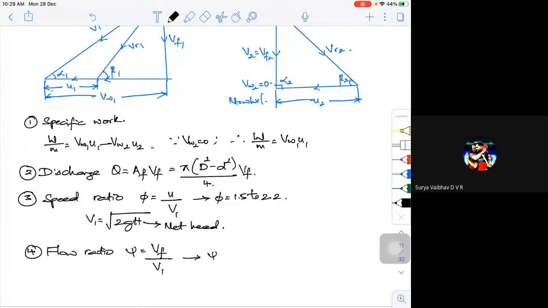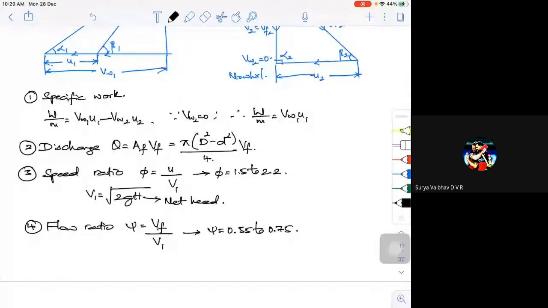Psi is equal to around 0.35 to around 0.75. And also we have the ratio of boss diameter or hub diameter to your tip diameter. This is also taken from the data handbook as 0.35 to 0.6.